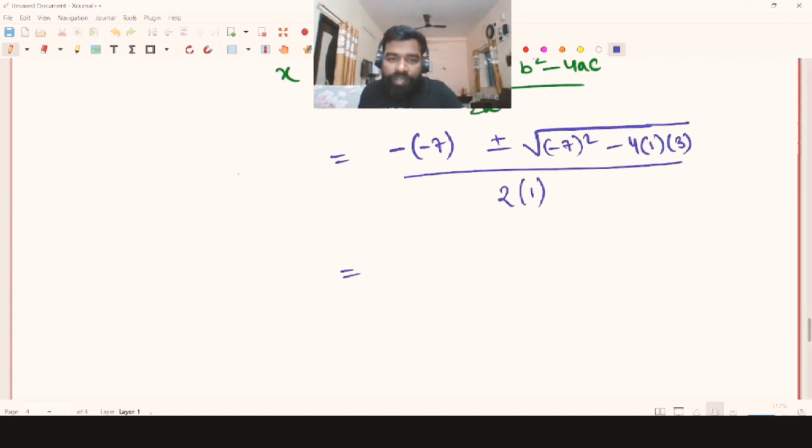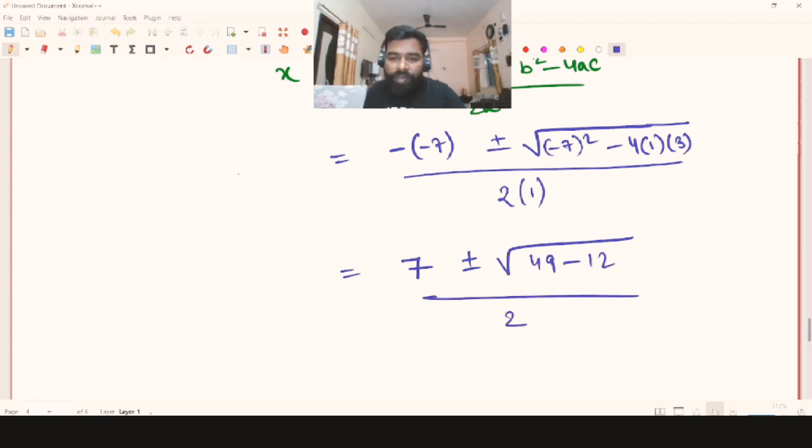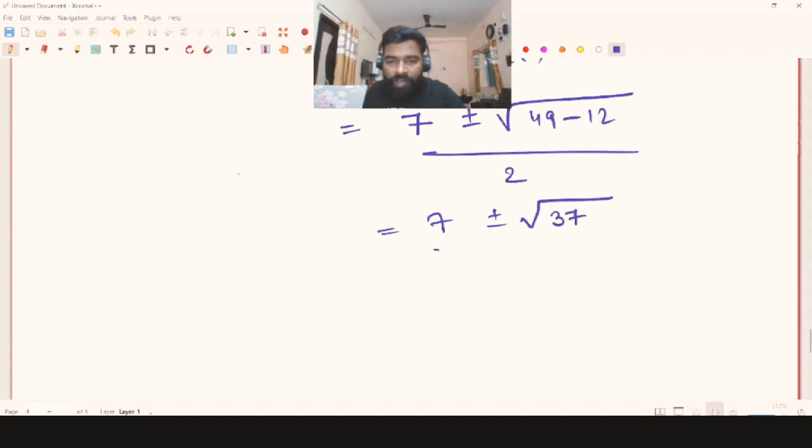So next you simplify, that is minus minus plus 7, and inside the bracket you have 49 minus 12 and the denominator you have 2. So 7 plus or minus root under you get 37 by 2.